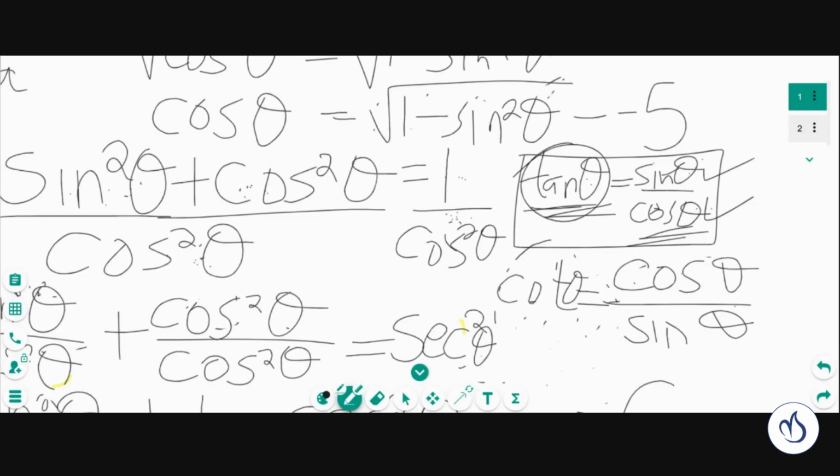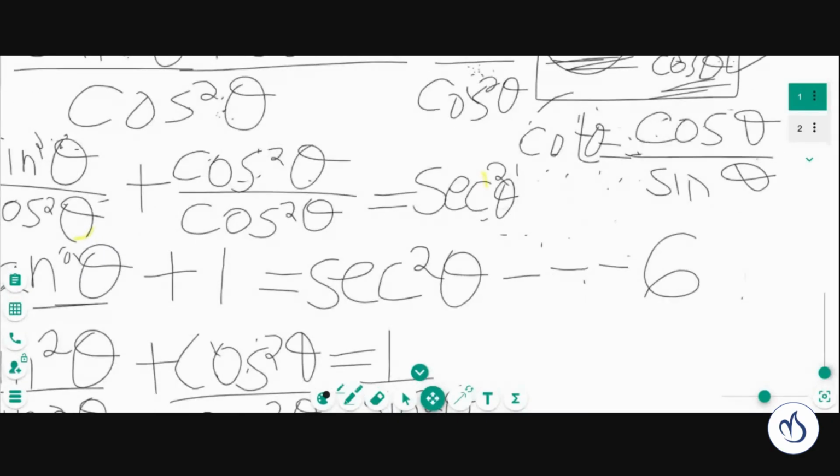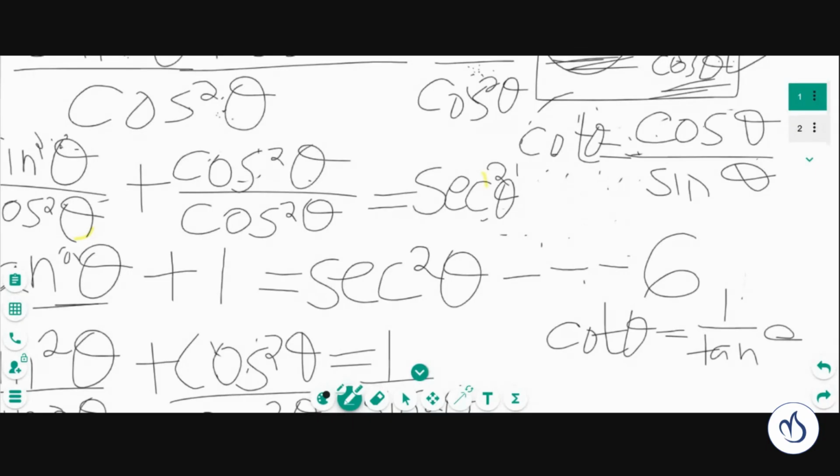Sine theta over cos theta is the famous tan. And actually, the two have a beautiful relationship with each other: cot theta is the same as 1 over tan theta.